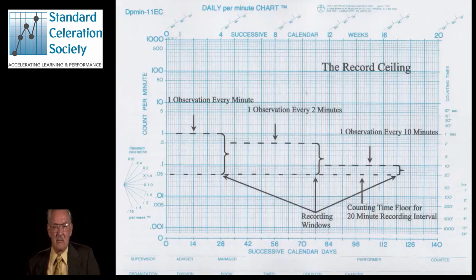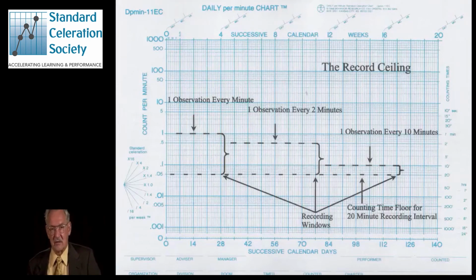Now, clearly, we do not recommend that practice because we would like to be able to see frequencies above 2 per minute if we possibly can, particularly if it's a high-frequency behavior that we want to decrease. Now, if you like metaphors, you can combine the words floor and ceiling, and you get a kind of an image of a window. Right? I mean, the floor and the ceiling are the limits where you can put a window. From the point of view of observing behavior, we want our window to be as wide as possible. What does that mean?